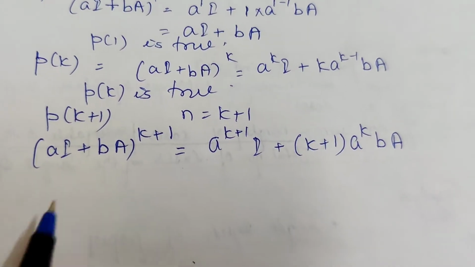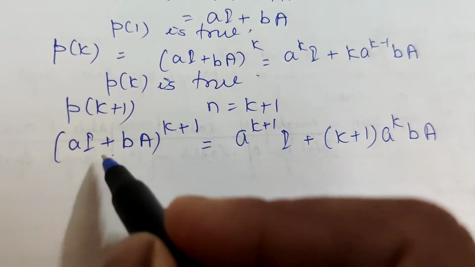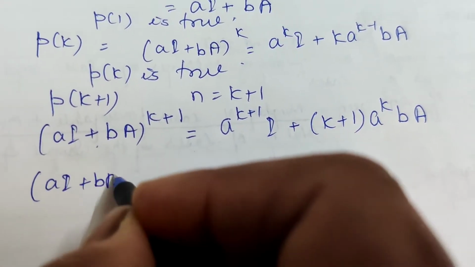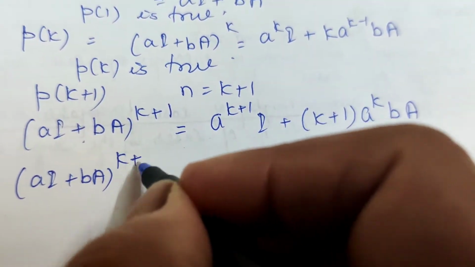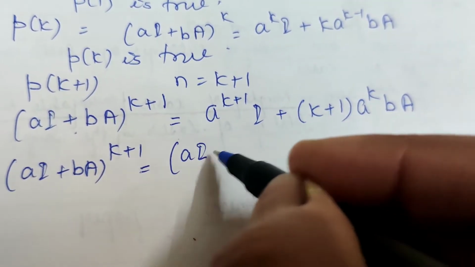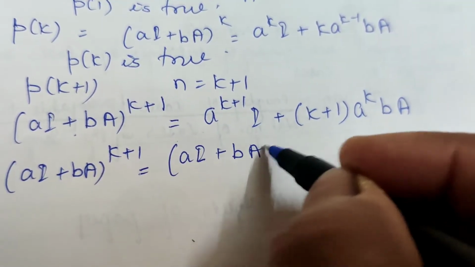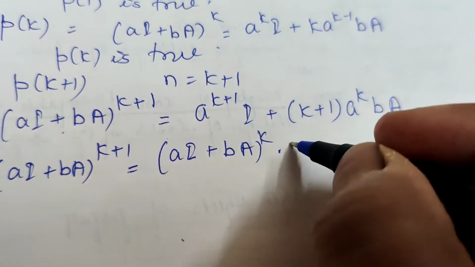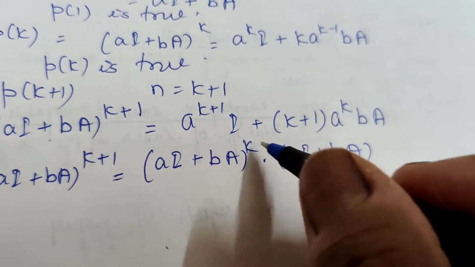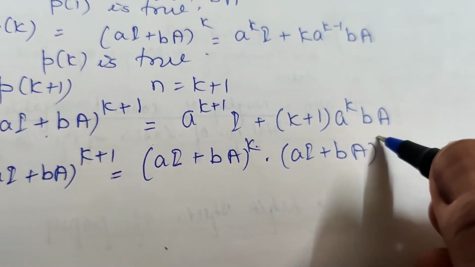Now solve this one, LHS. First we have to prove LHS. (aI + bA) raised to power k plus 1 equal to, we can write, (aI + bA) raised to power k into (aI + bA).